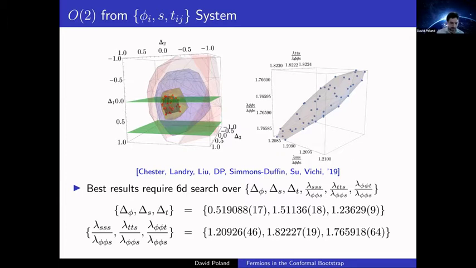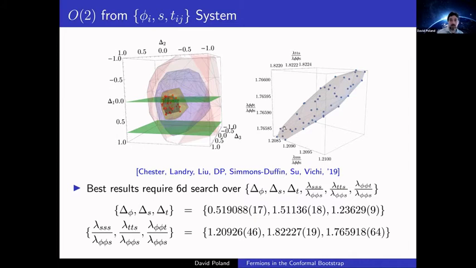And we've come up with various search strategies for mapping out this parameter space that I'm happy to tell you about at the end if there's time. But let me suppress that for now. The end result is that we can basically map out some 3-dimensional ball in delta phi, delta s, and delta t space.